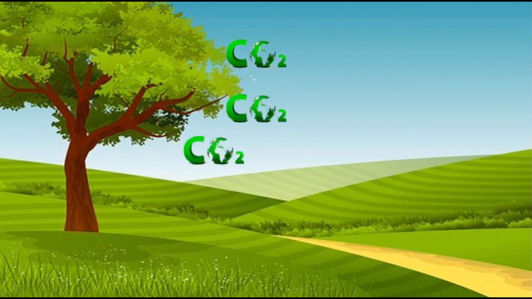And what is photosynthesis? Carbon dioxide is a basic material for all the plants to prepare their food. And carbon dioxide is there in nature, along with other gases.